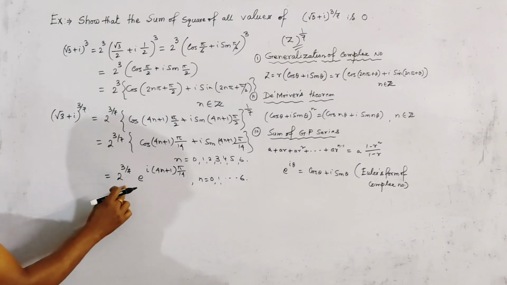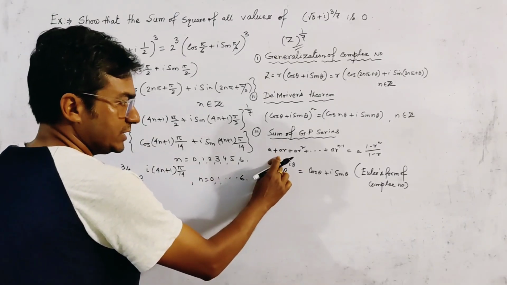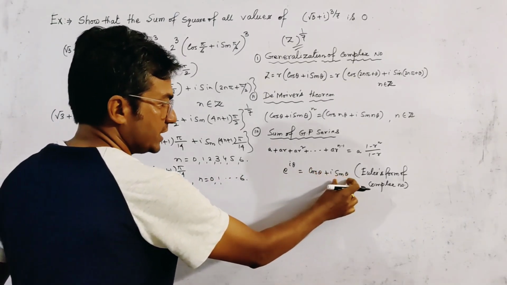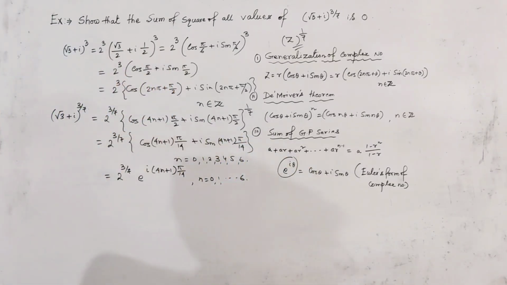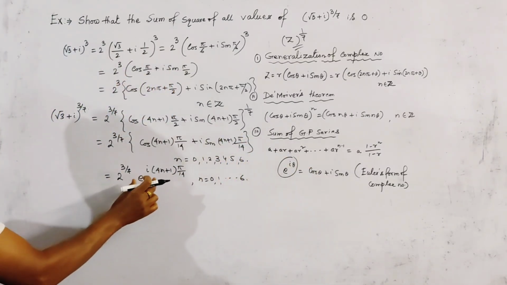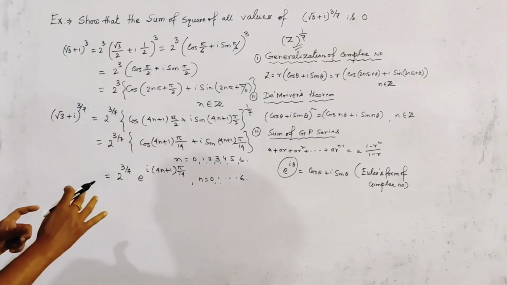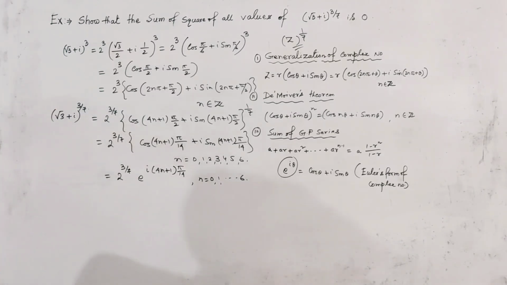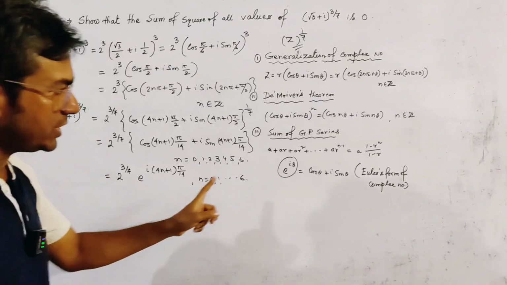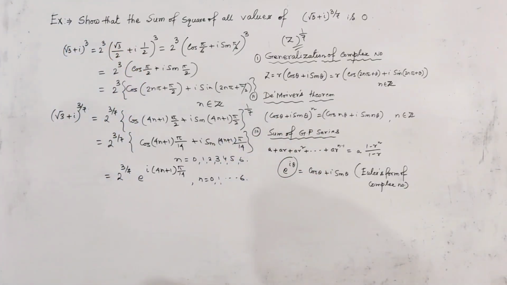Okay, and we know that e to the power i theta is equal to cos theta plus i sin theta, and this is the Euler form of complex number. If we use Euler form, then any calculation of complex number becomes very easy. So we use here the Euler form of complex number.